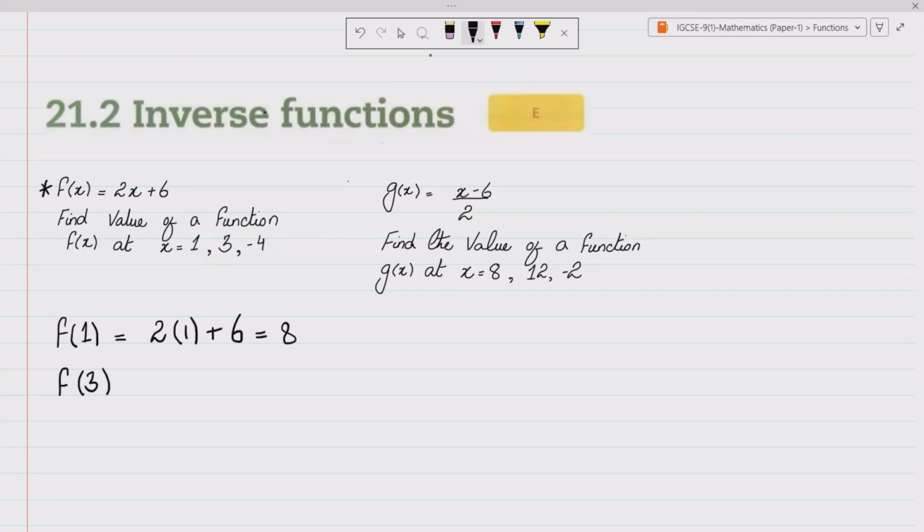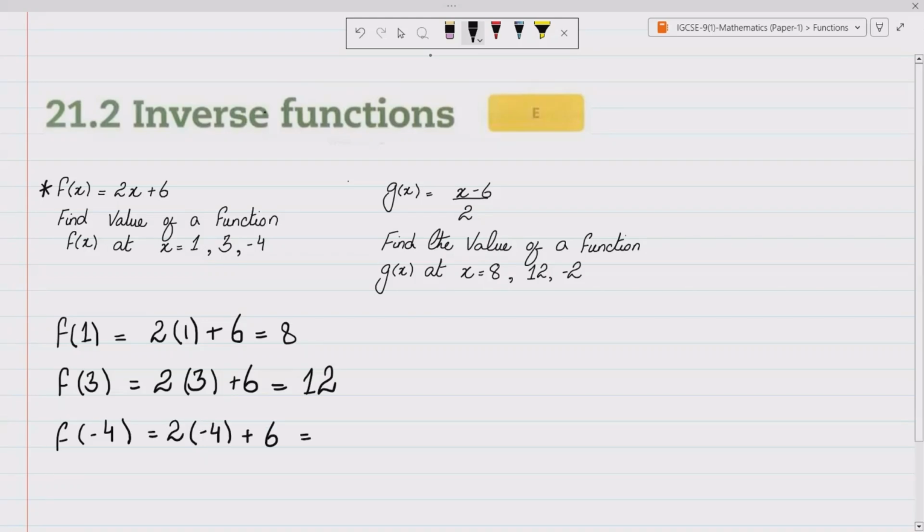Again, just put 3 in place of x: 2 multiplied by 3 plus 6. 2 threes are 6, 6 plus 6 is 12. Then f of minus 4. Put minus 4 in place of x: 2 times minus 4 plus 6, so we get minus 8 plus 6, which is minus 2. It's very easy, we just evaluate the function.